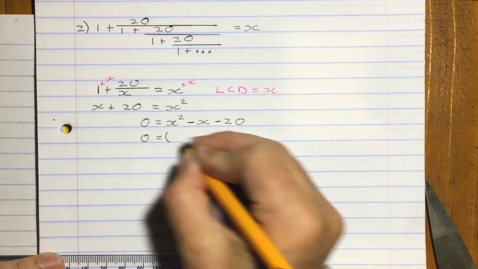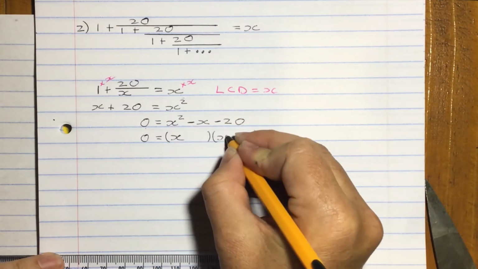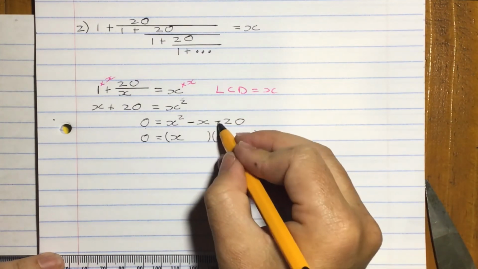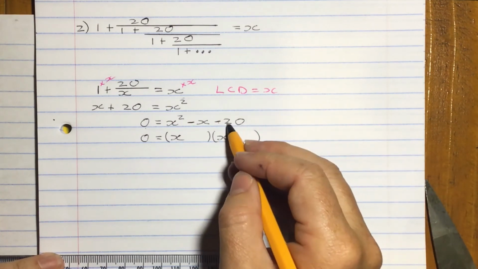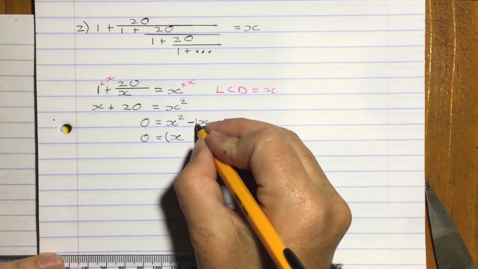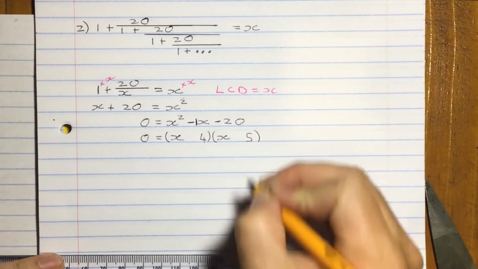And once again, we have a trinomial, so we have 2 brackets. Only x times x gives me x squared. We can see we're going to have different signs. And I say what times what gives me 20, but subtracted gives me 1, and that would be 4 and 5.